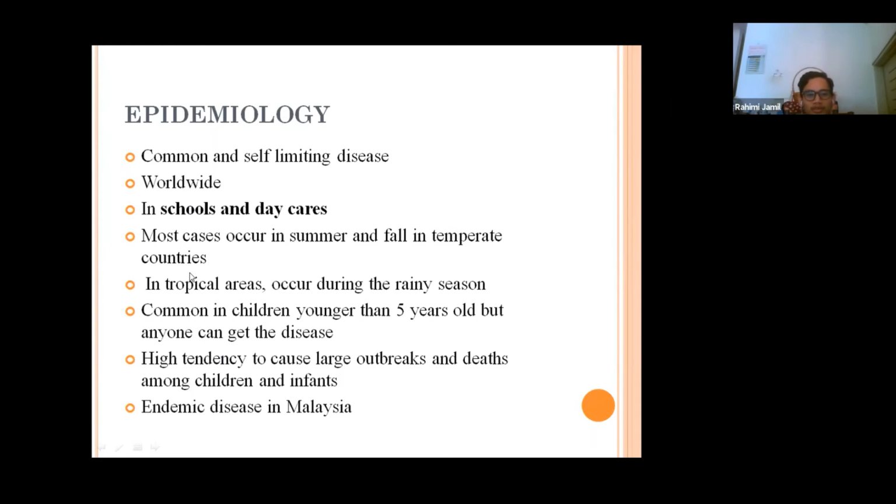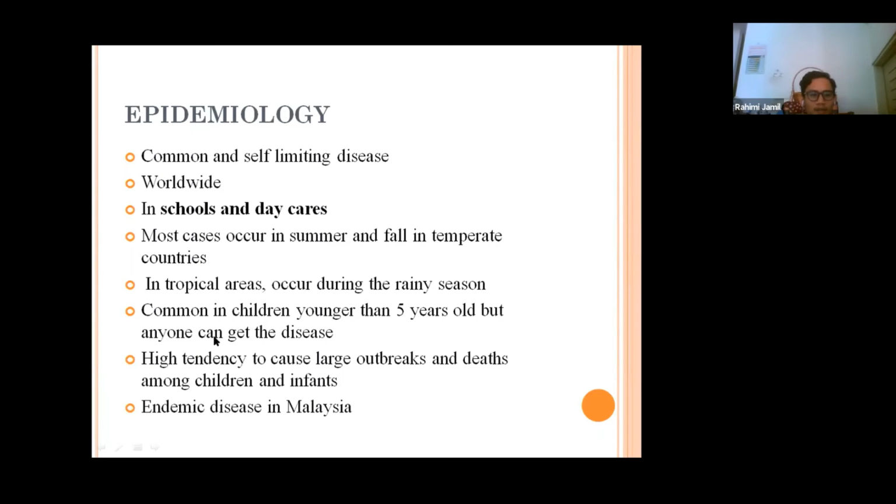In temperate countries, most cases are reported in summer and fall, while in tropical areas such as Southeast Asia, it usually occurs in the rainy season. This increases the possibility that HFMD occurrence is related to global climate change.